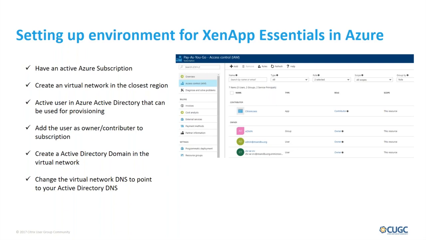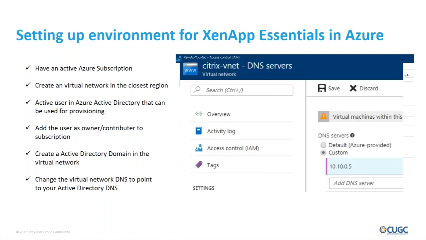And in order to reach the domain controller, you need to specify the DNS server on the virtual network level. So when XenApp Essentials starts setting up the cloud connectors and the VDA agents, they can find your domain based upon the DNS settings on the virtual network.